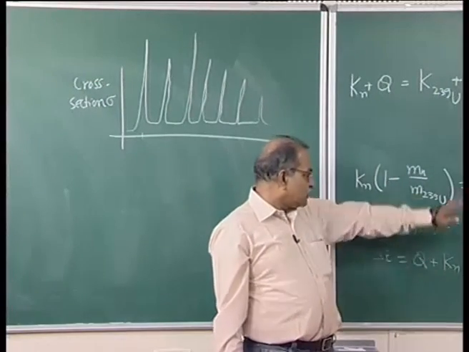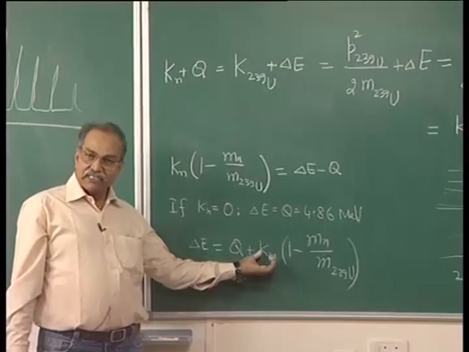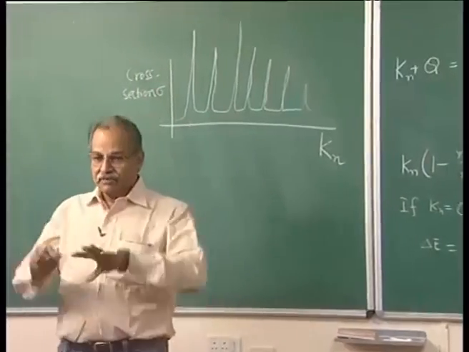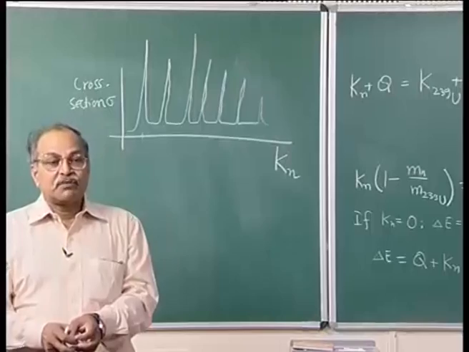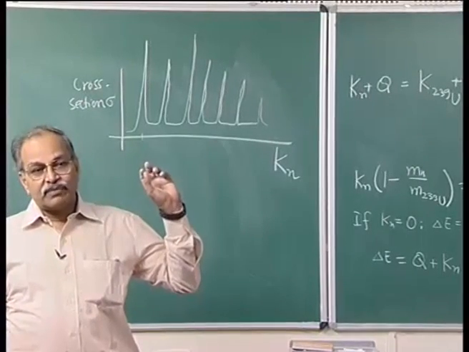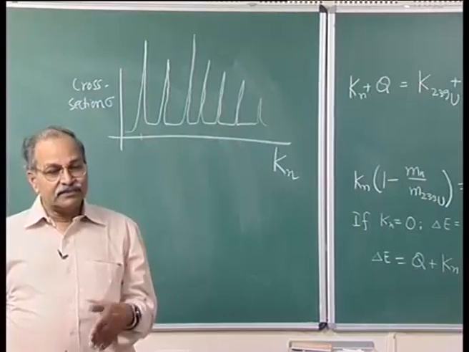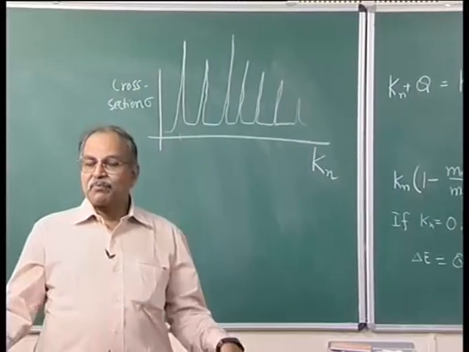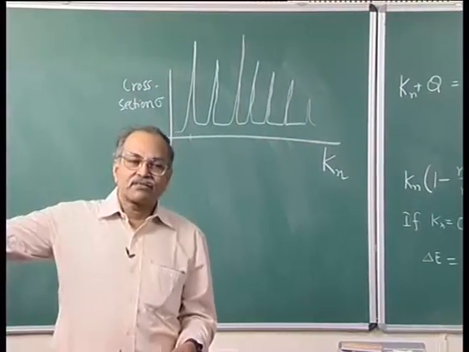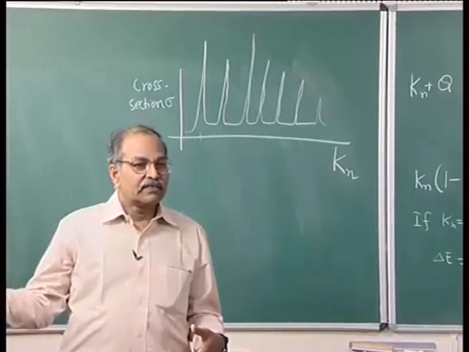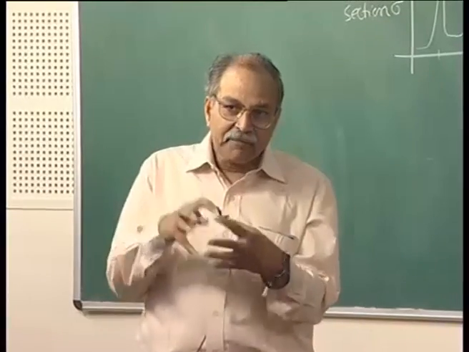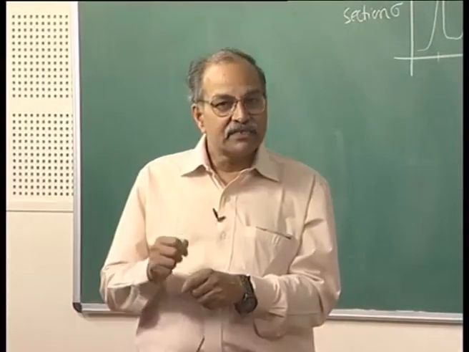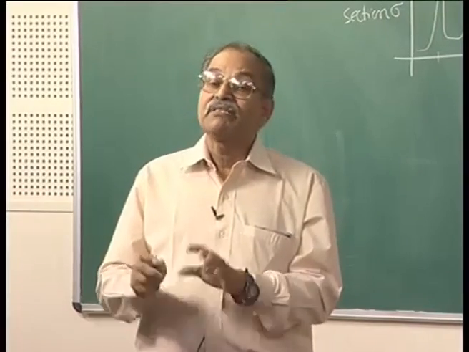For those particular levels delta E, you will have corresponding K_n, the kinetic energy of the neutrons, where the probability of its getting captured, the probability of this particular reaction taking place, will be very high. And if you send the neutron with a little more energy or a little less energy, the probability will be low. There can be other reactions, scattering and so on, but this particular capture, where the neutron goes into uranium 238 making it uranium 239, that probability will be low.